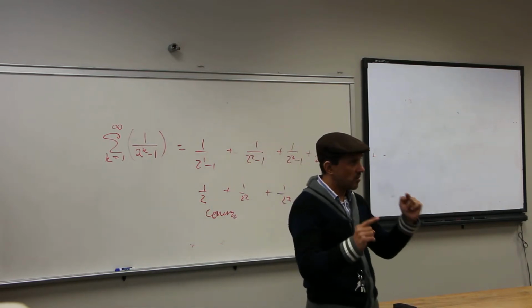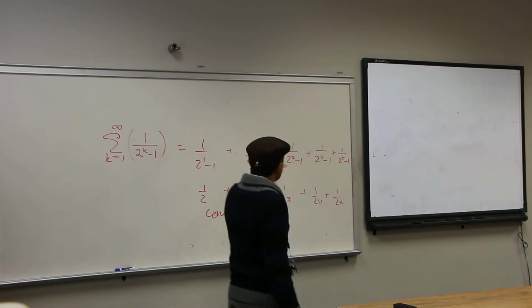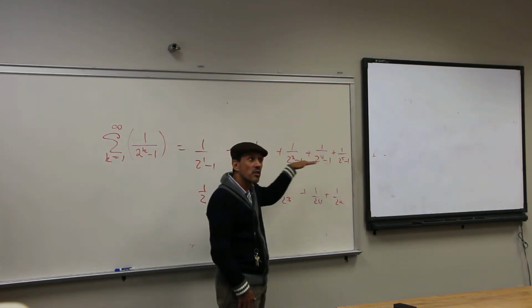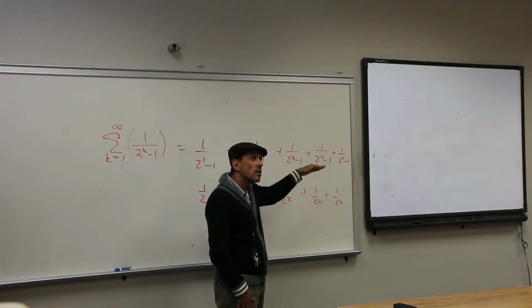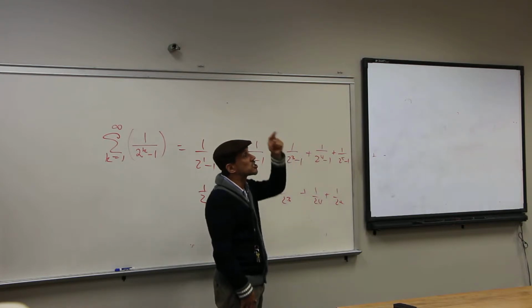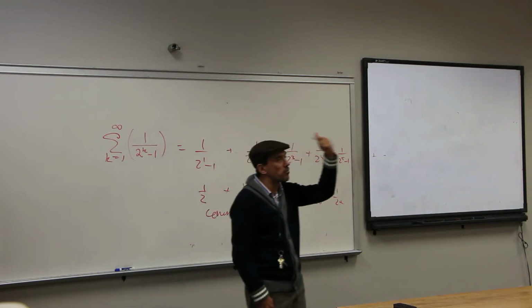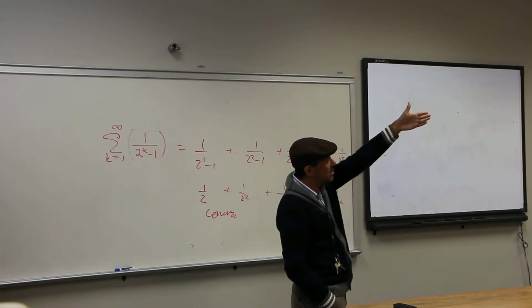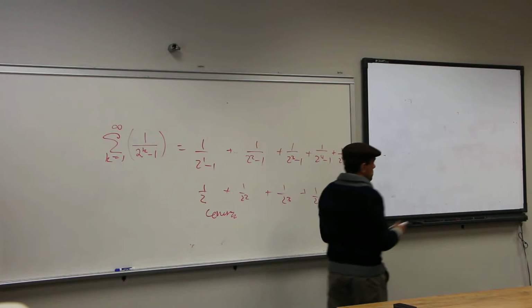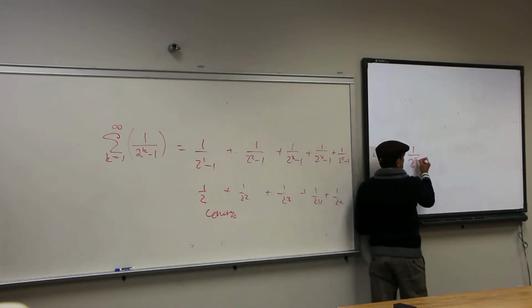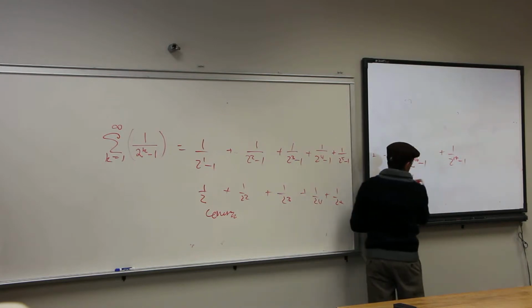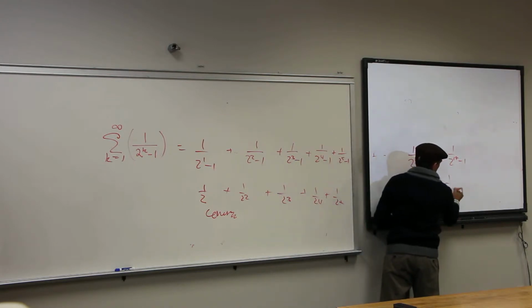What I'm trying to say is that this starts to look like a geometric series with a common ratio, when i is very big. 1 over 2 to the 16 minus 1 plus 1 over 2 to the power 17 minus 1, which is really 1 over 2 to the 16, which is really 1 over 2 to the 17.